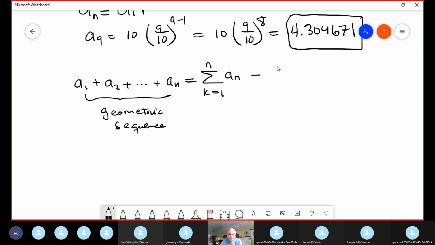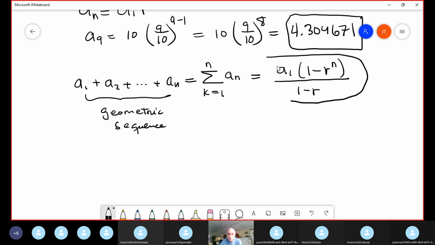The formula is A1, the first term, times (1 minus R to the n power) divided by 1 minus R. Just plug it in. Let me see one elementary example.